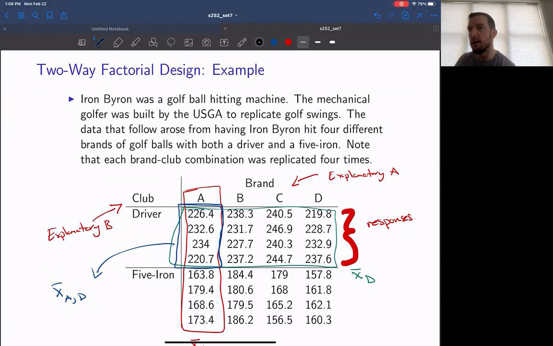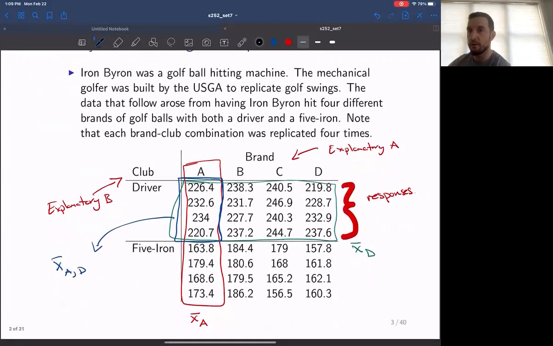We can consider the levels of the golf ball brand and the levels of the club separately, and we can consider them together. When we consider them together, we create what is called interaction, the interaction between the level of one explanatory variable and the level of the other.